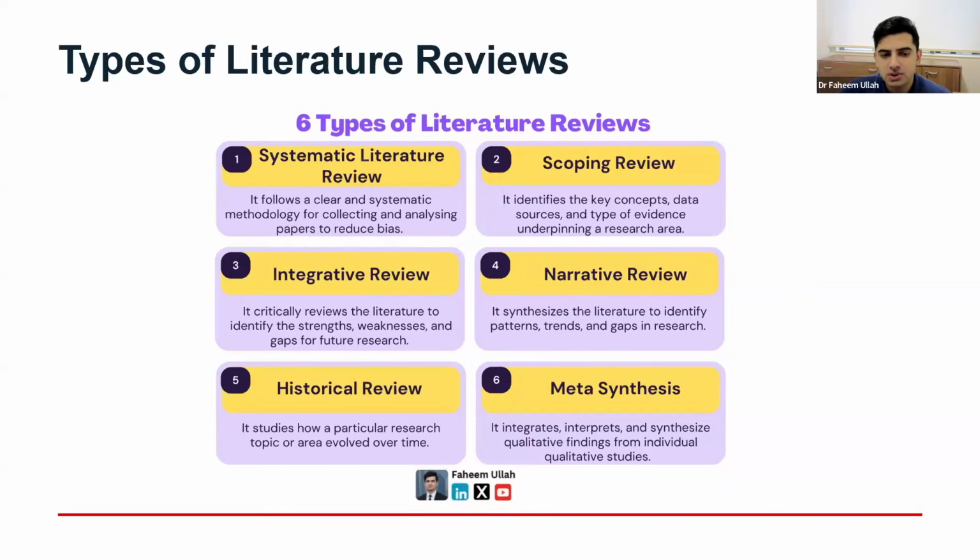The fifth one is what is called historical review. In a historical review, we look at the topic from an evolution perspective, how the topic has evolved. If we take the same example of using AI for detecting cancer, we can see that from 2000 to 2010, people were, let's suppose, relying on images, X-rays, to detect cancer.